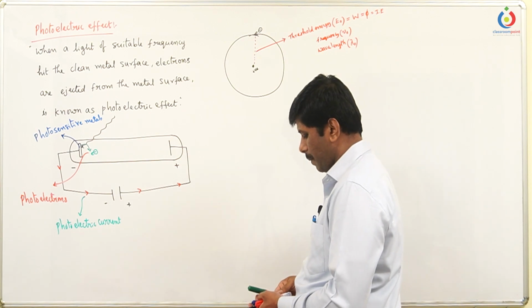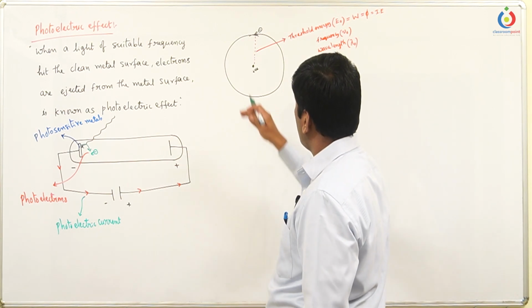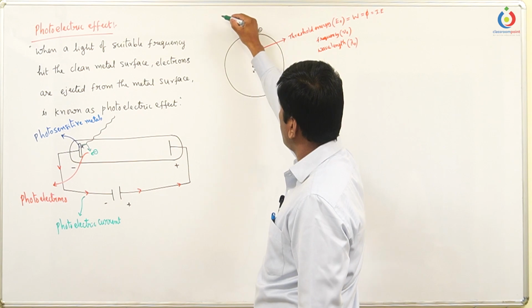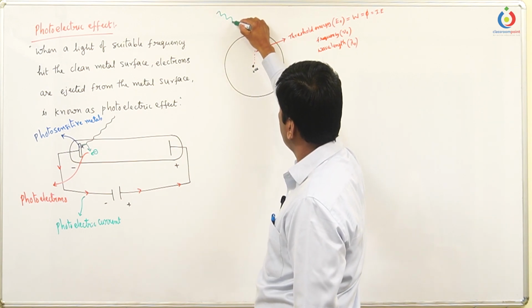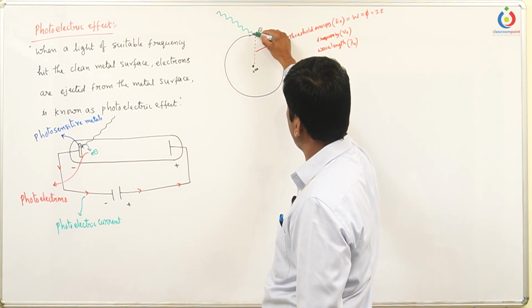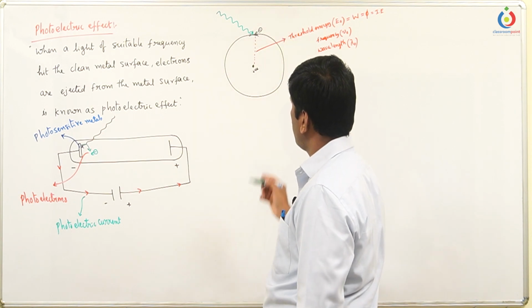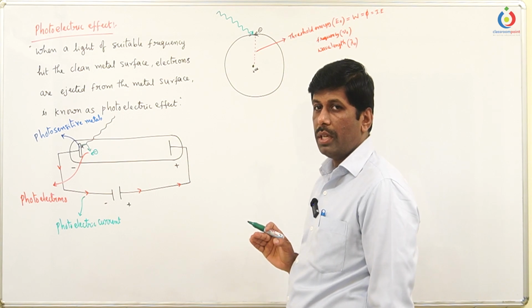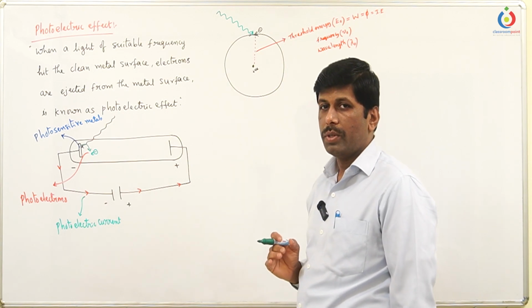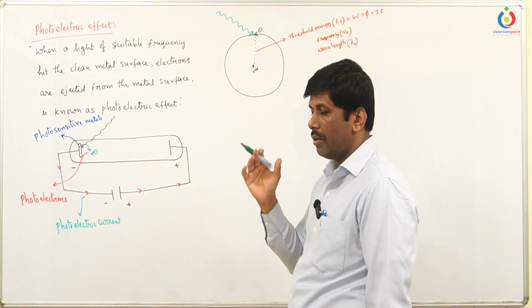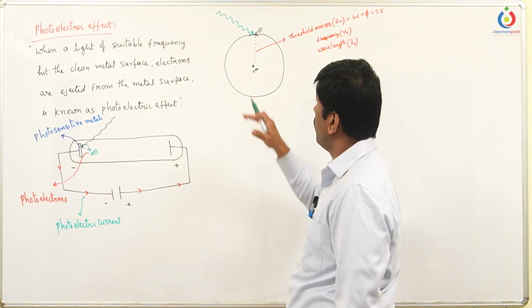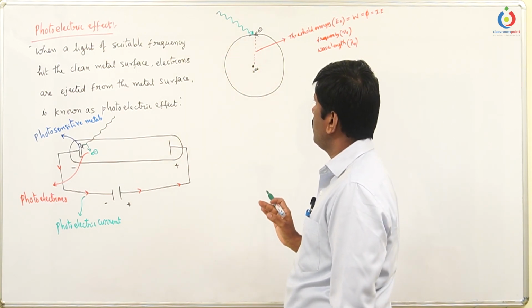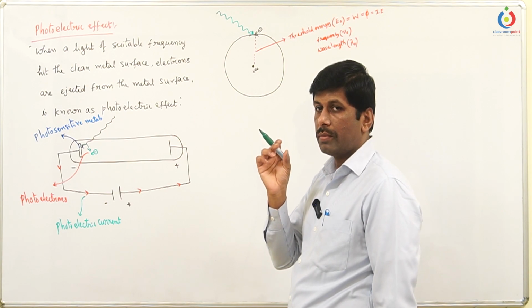Now the question is, what amount of energy do we have to send here? Look at this side. When light of certain frequency hits the clean metal surface, according to Planck's quantum theory, the photoelectric effect supports the particle nature of light that was given by Planck. So light is a form of energy which carries photons.